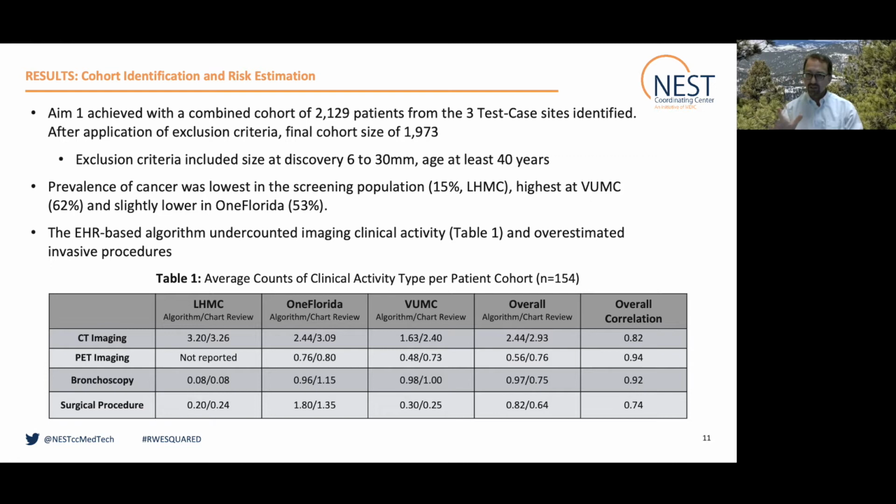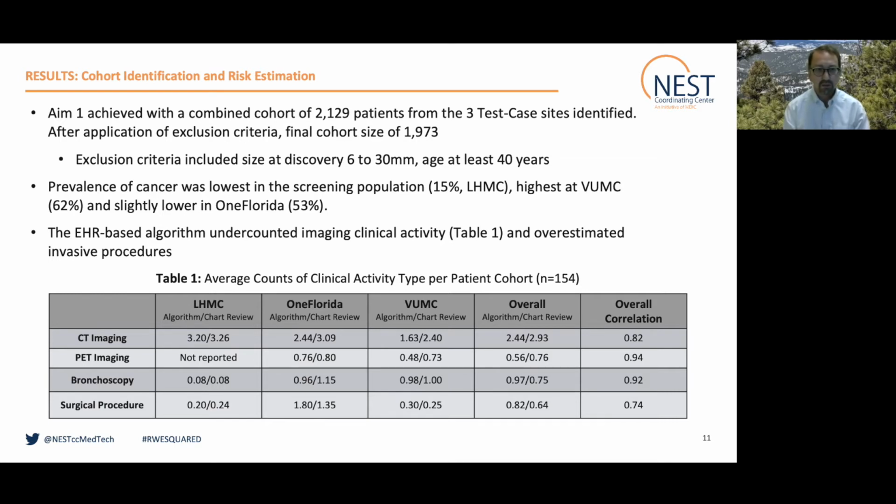That's in the 10 to 70% range, which is based on the British Thoracic Society's limits of what they consider low, medium, and high risk. The prevalence of cancer was lowest in the screening population, highest in the Vanderbilt population. Vanderbilt was primarily from the thoracic surgery clinics, as well as an interventional pulmonary clinic, and was slightly lower in one Florida.